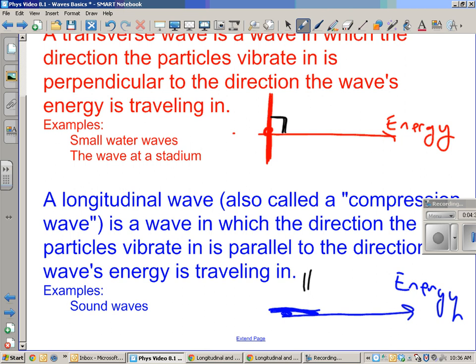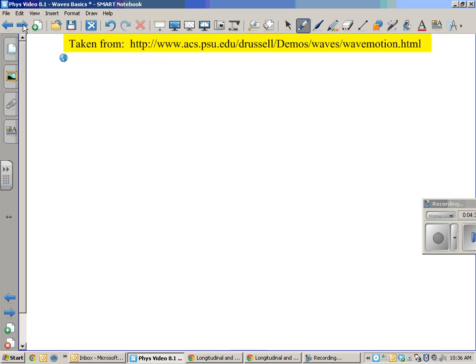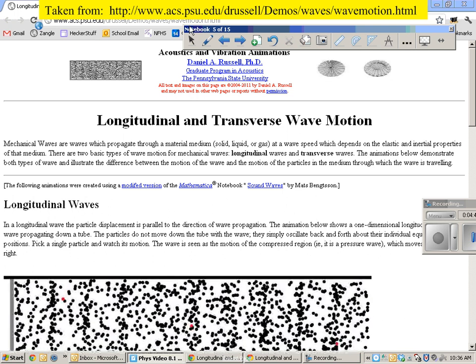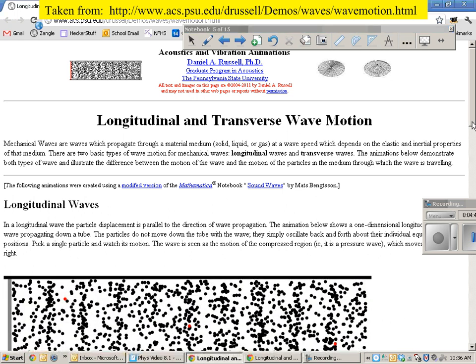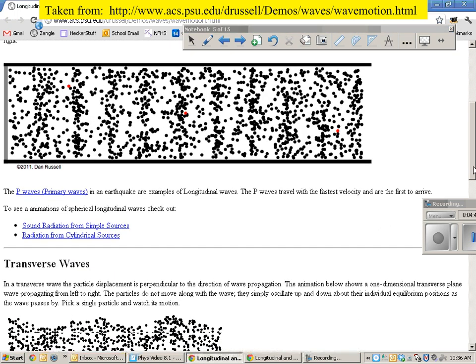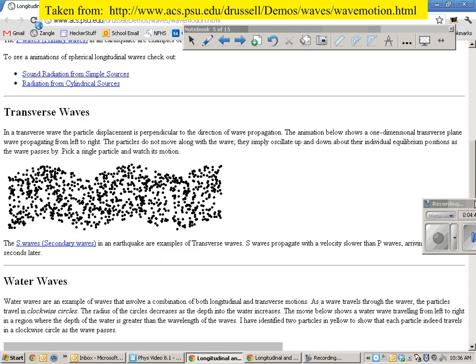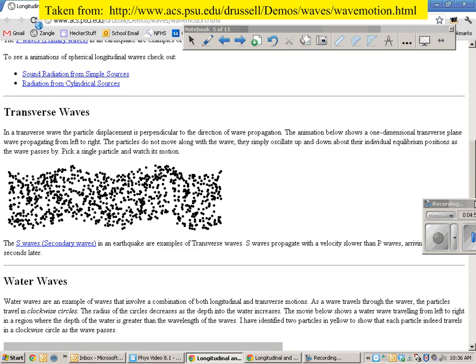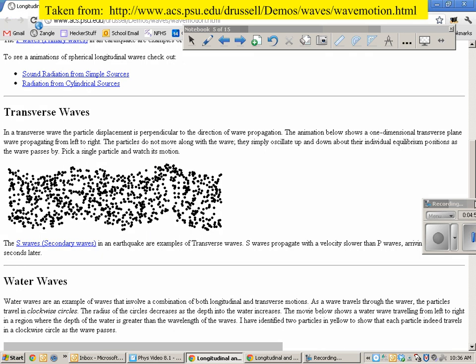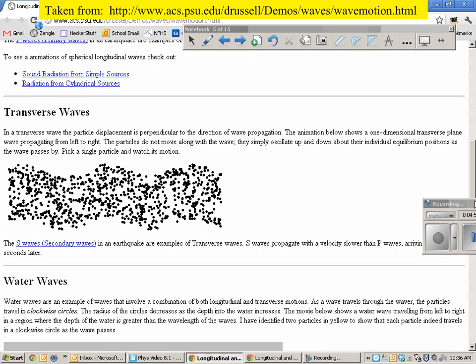This is really tough to draw, so probably the best thing for us to do is to see it. So let's do that. All right, so scroll down here. Here is an example of a transverse wave. If you look at any one of these particles, I'm going to see if I can pinpoint a particle.